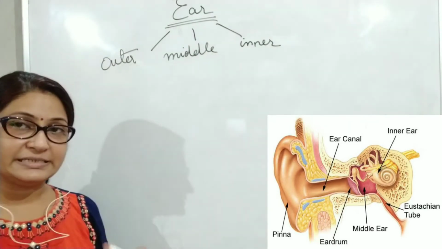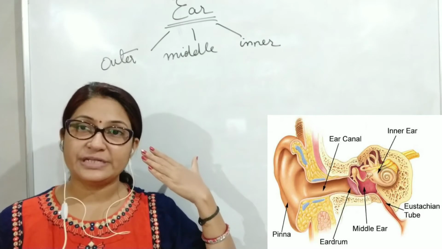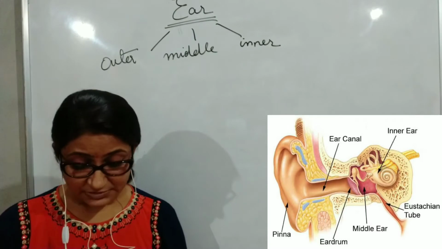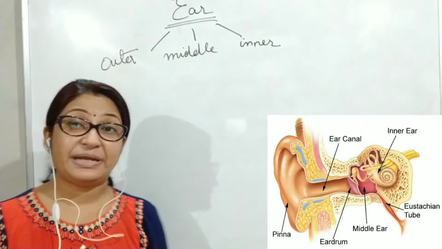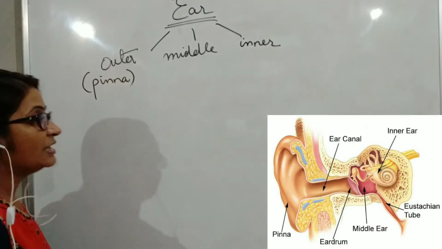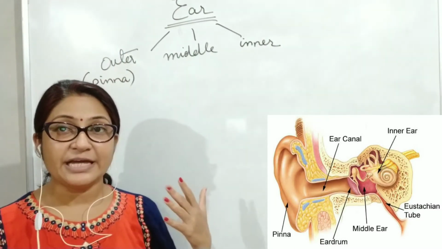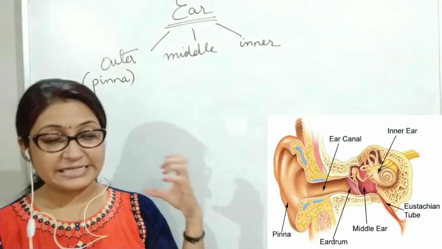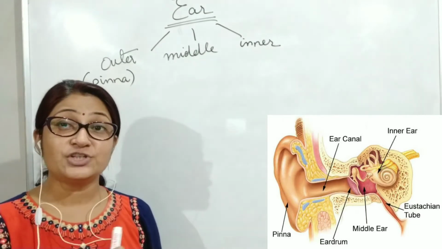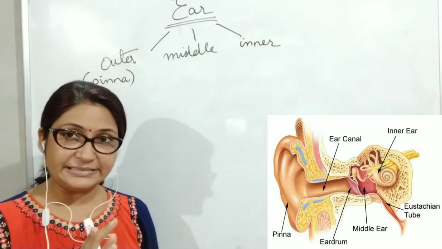Whenever sounds are created, or whenever you hear any sound, when it reaches your ear, there is a part, the outer part, that is also called the pinna. It receives the sound waves that reach your ear. Then it goes through the ear canal and strikes the eardrum, which is a part of your middle ear.